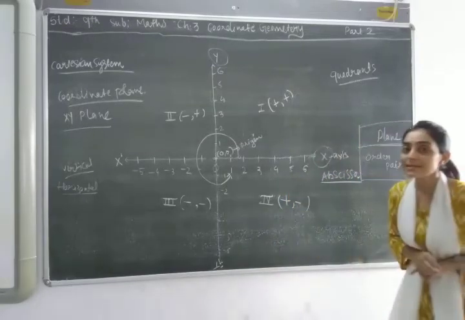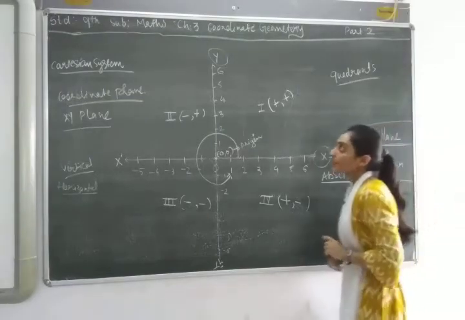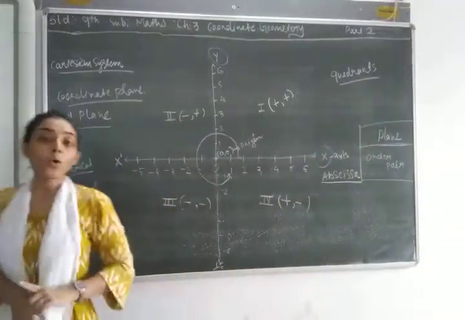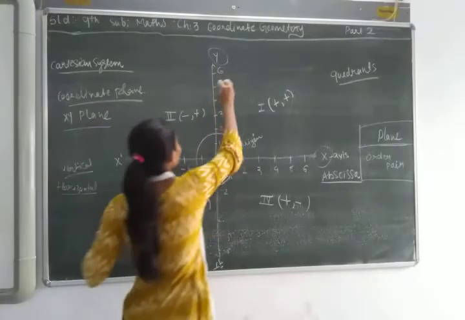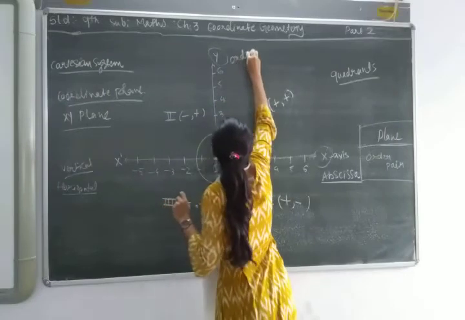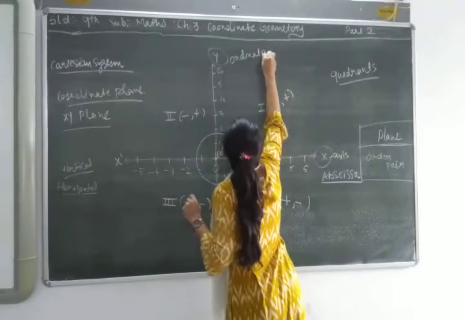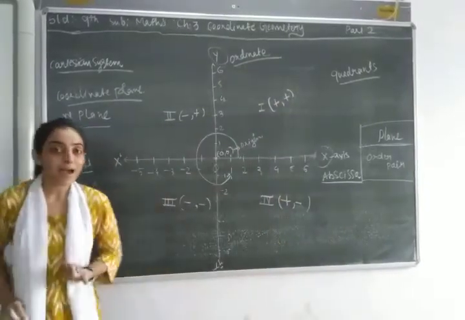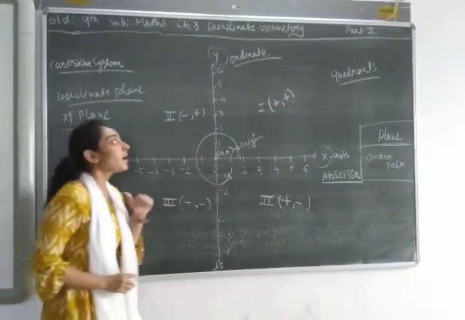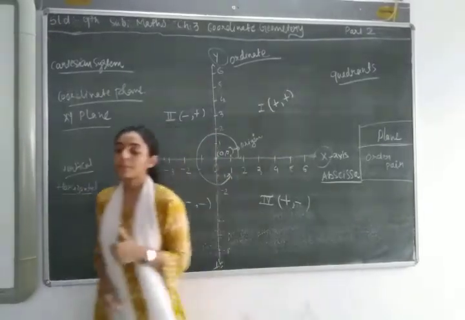So x-axis is called abscissa. Okay. Now this coordinate axis, y-axis, is called the ordinate. Okay. So x-axis is called abscissa and y-axis is called ordinate.